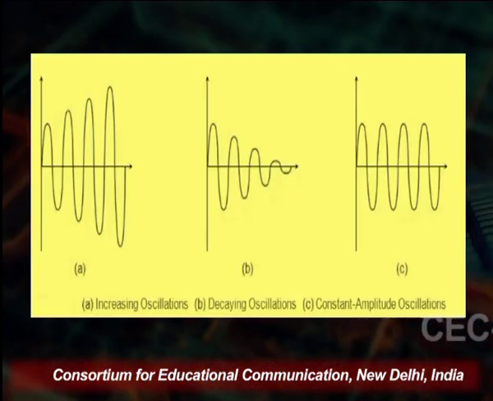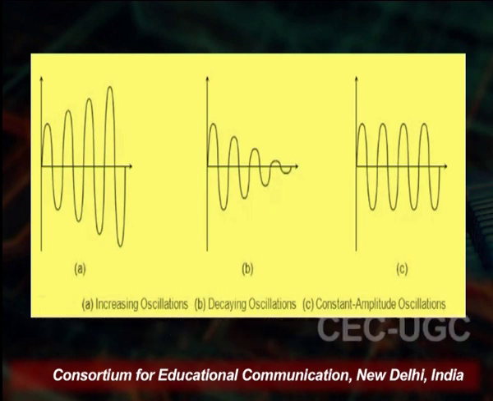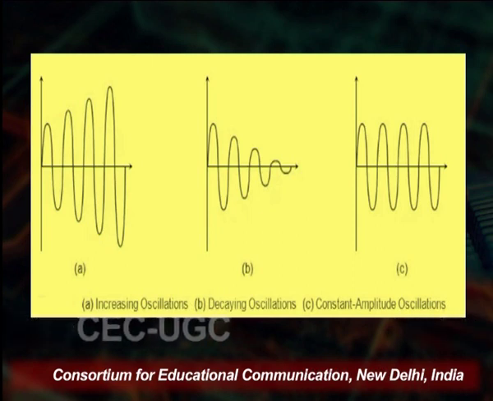You can see on the screen that here we have an increasing oscillation, that is case 1. In the second, this is a decaying oscillation, case 2, and this is a constant amplitude oscillation.